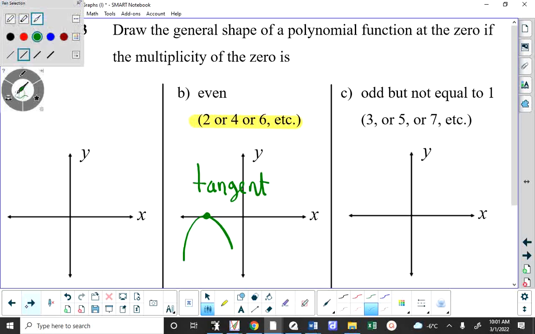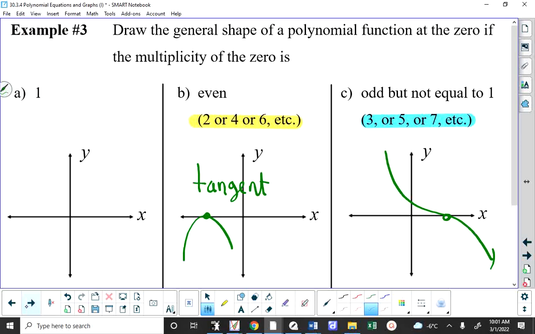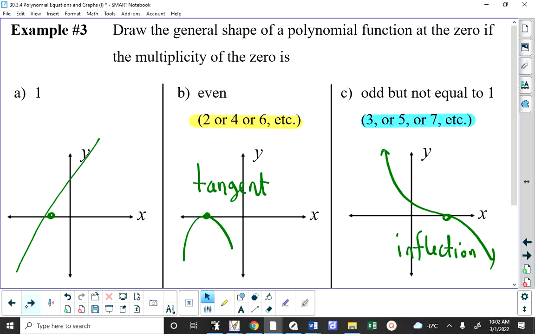When you're looking at a multiplicity of an odd number, but not 1, 1 happens to be odd, then this is what we call an inflection point. And of course, if the multiplicity is 1, it goes through the point cleanly.